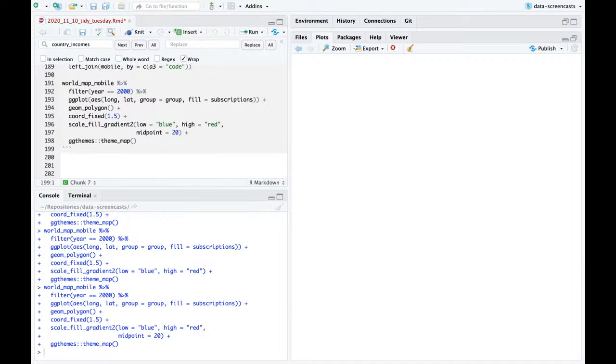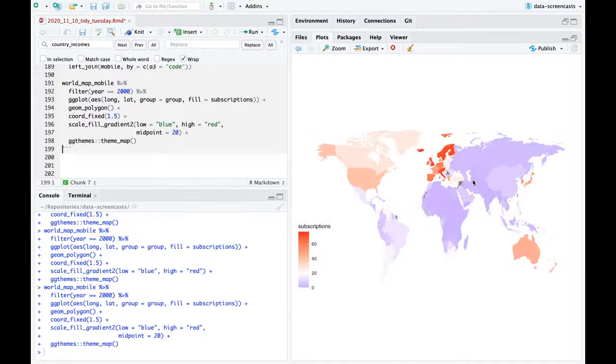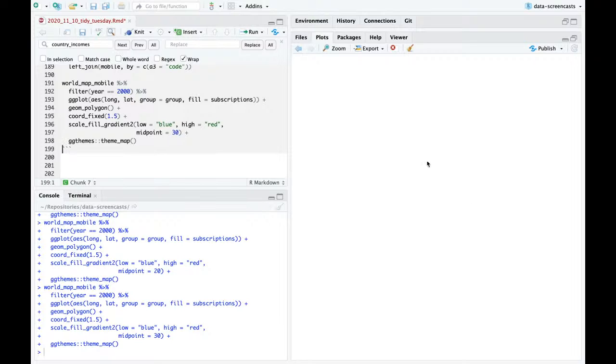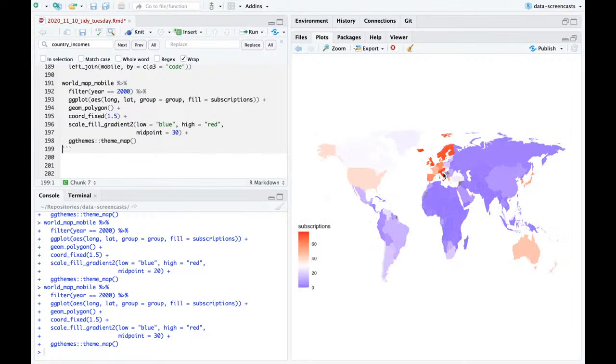This is in one year. Where was their mobile adoption? And the answer is, okay, in the year 2000, I'll make it 30. In the year 2000, a lot of it was mostly in Europe.